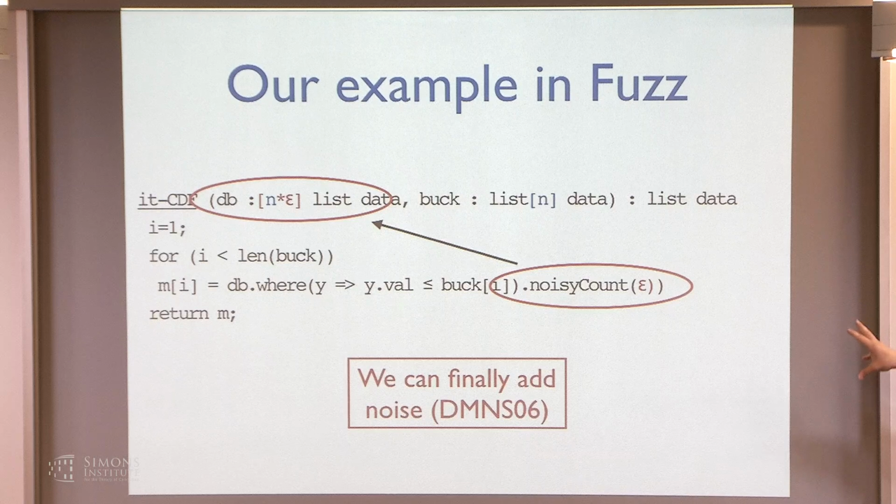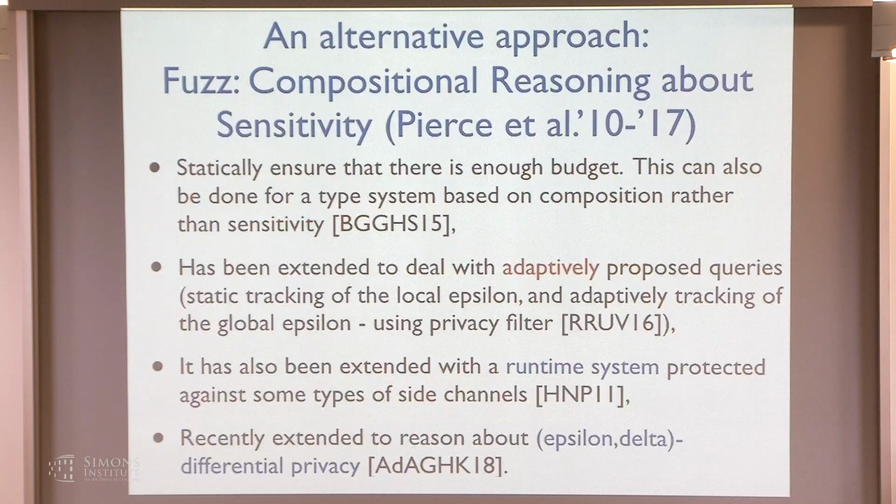I know some of this type checking is not familiar to most of the audience, but I think the overall picture is that we can statically ensure now that a particular piece of code requires an amount of privacy budget. So we can determine statically how much budget we would need for this query. And we could do this also in other methods, but in this case we do it with this sensitivity tracking.